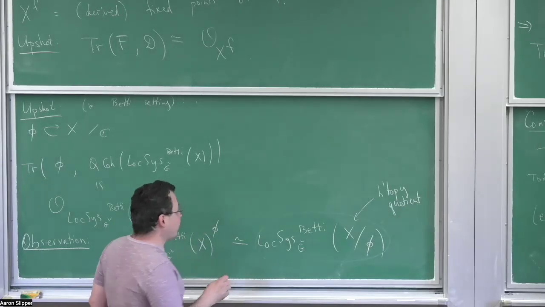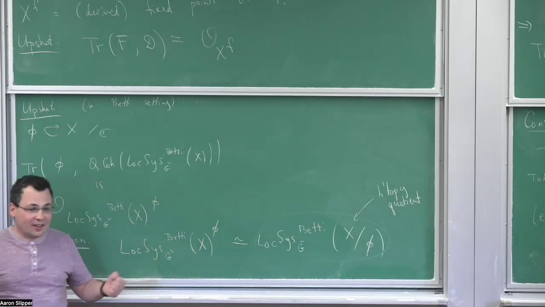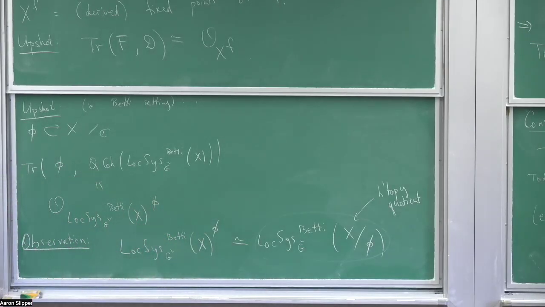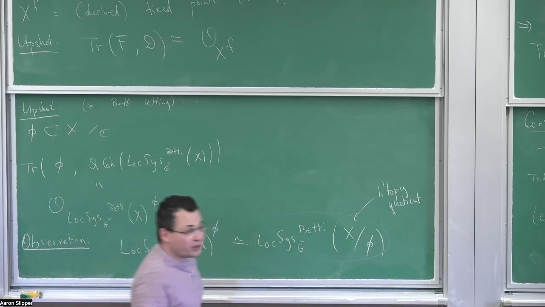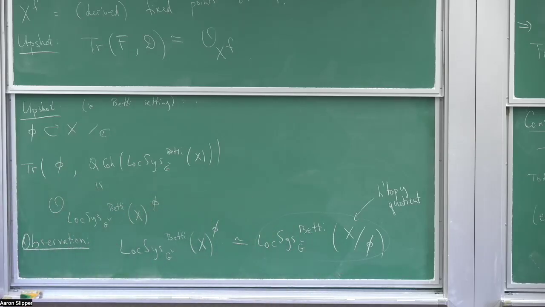Almost time for a break, but maybe let me say something hopefully inspirational before the break. Here is a way to think about this, over the complex numbers. Suppose that phi is an automorphism.